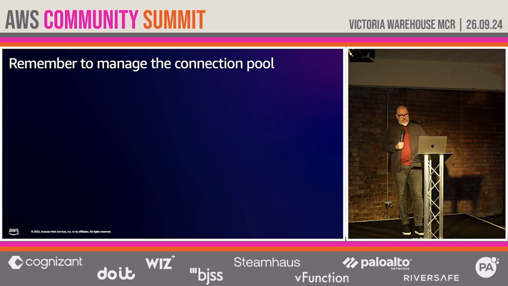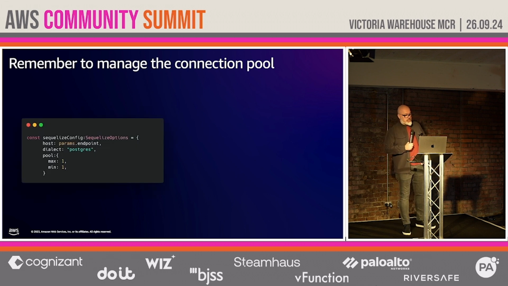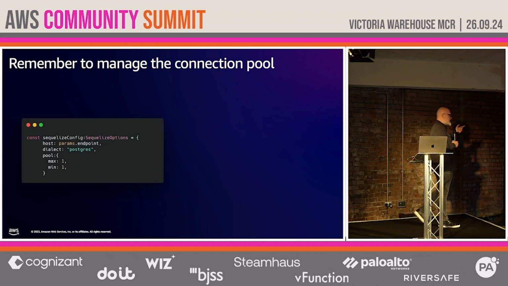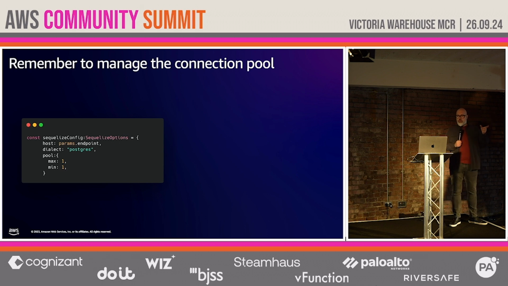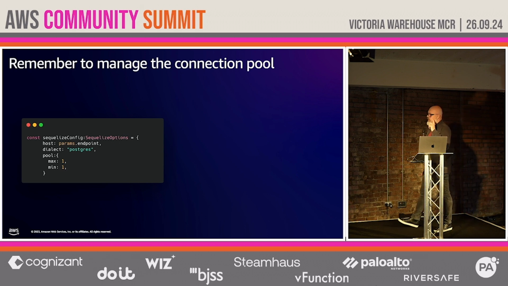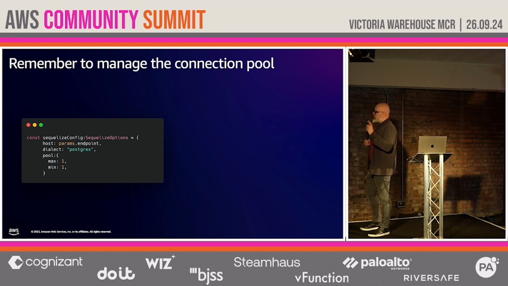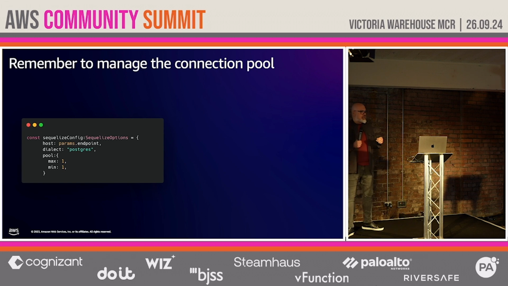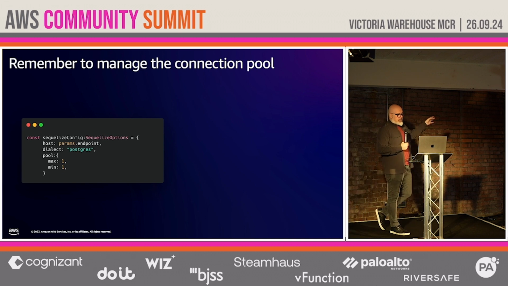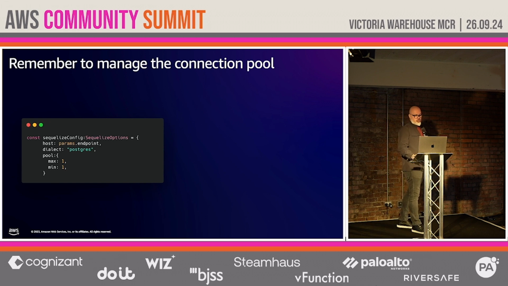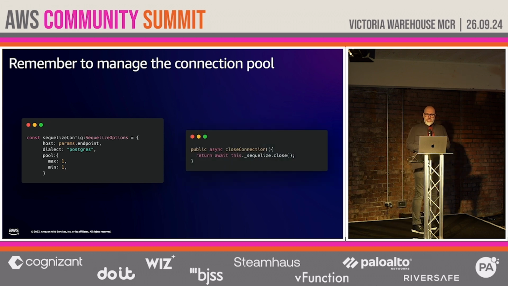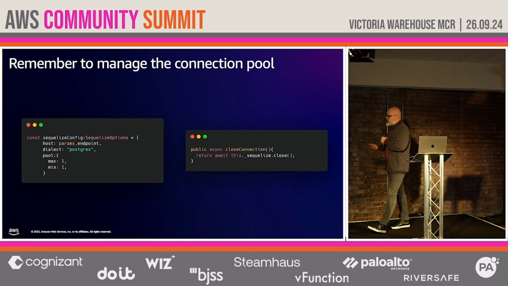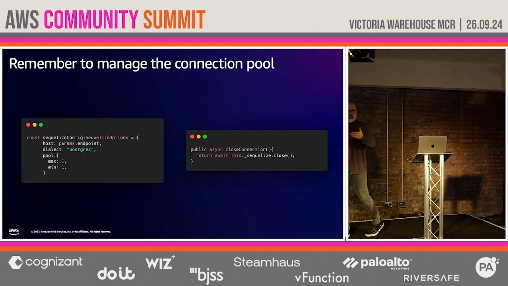Remember, another thing that I think is important to highlight, and is not highlighted too often, is that all the libraries you find online, for Node.js in this case, because I'm a JavaScript developer, enable you to set up a pool with max and min connections. There is usually good documentation in every single library that I found.